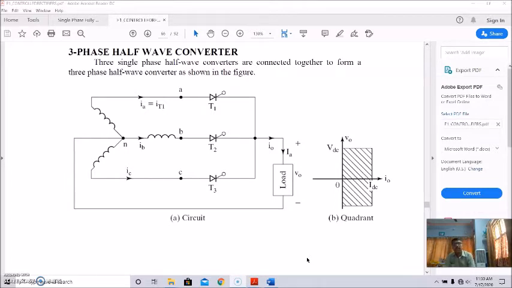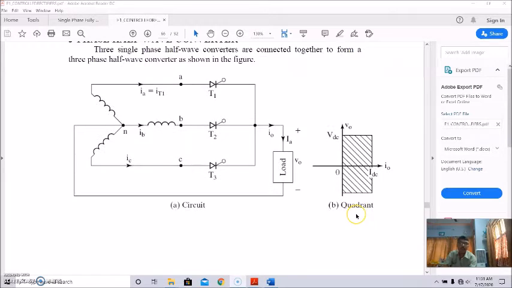Actually, three single-phase half-wave converters are connected together to form a three-phase half-wave converter. This is the circuit shown here, and this is the circuit diagram. And this is the quadrant operations of the three-phase half-wave converter.